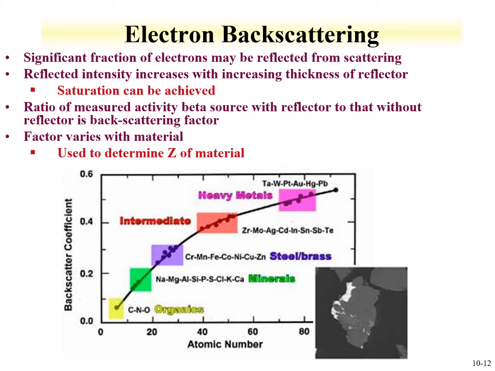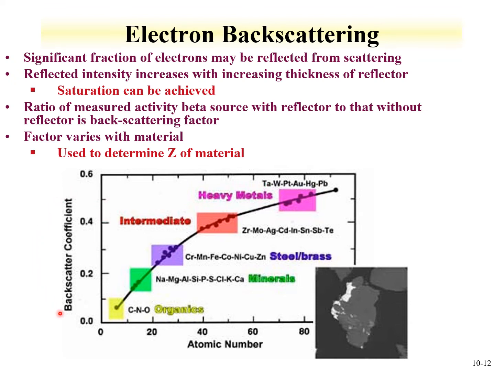And you can actually achieve a saturation where electrons can be entering material and then scattering back out. So one can evaluate a ratio of measured activity from a beta source with a reflector to that without a reflector. And this is something called backscattering.